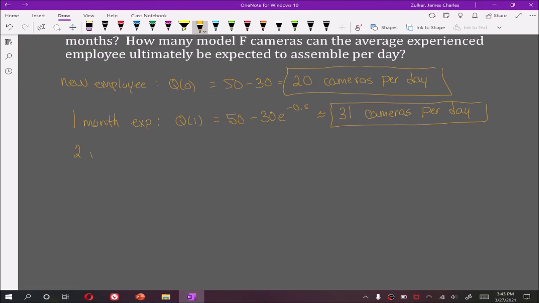Two months experience. And we're now looking at Q of 2, which is 50 minus 30 e to the negative 1. And this is about 38 cameras per day.